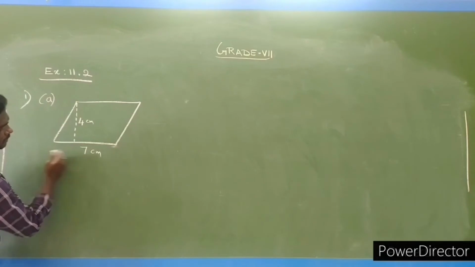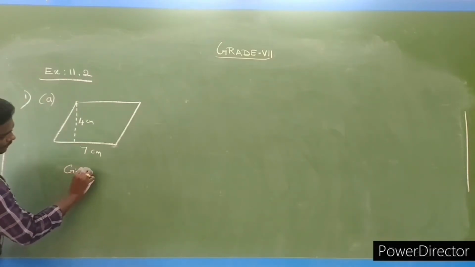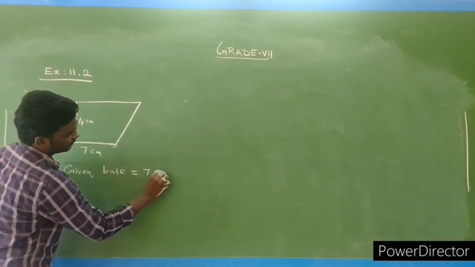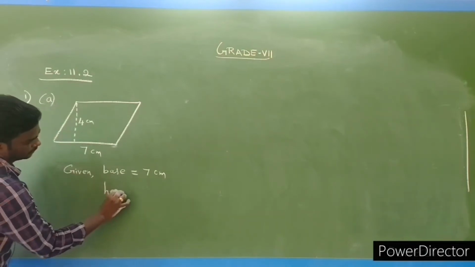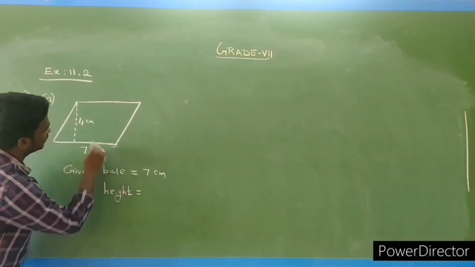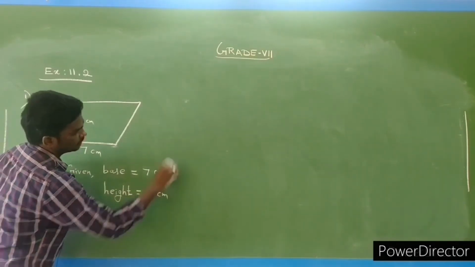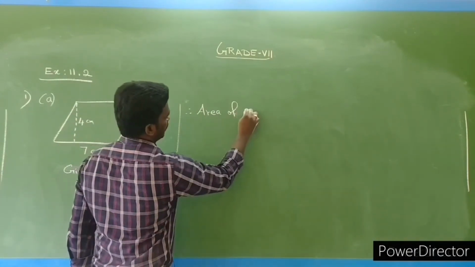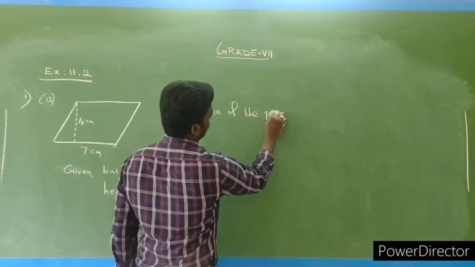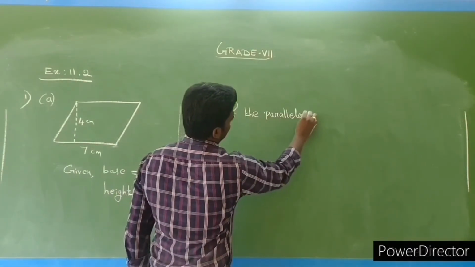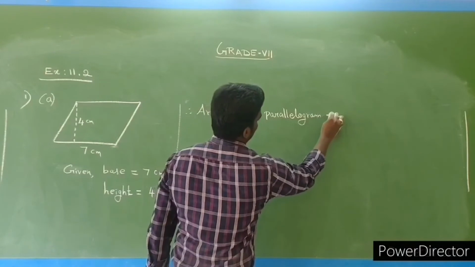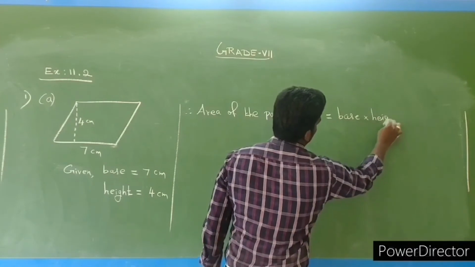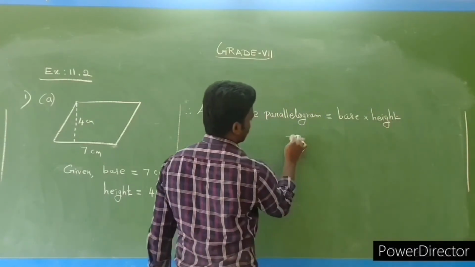Here given base equal to what is that? 7 centimeter, and height equal to what is that? 4 centimeter is given. Therefore, area of the parallelogram is equal to base into height.